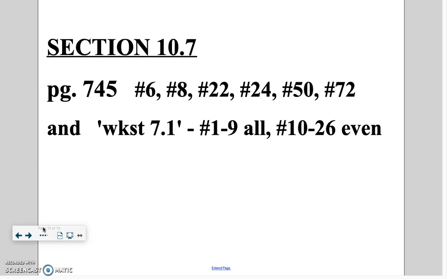But what I would highly encourage you to do is go on page 745 and plot the points or identify the coordinate type stuff that we talked about today. On the worksheet, you're good with 1 through 9. You could do 1 through 9, no problems, no issues. Actually, you could do 10 and 12 as well. Okay? All right, so guys, let me get you this worksheet.